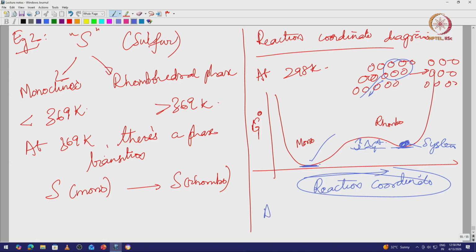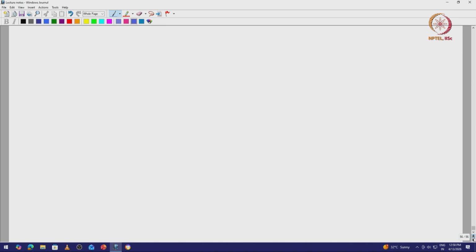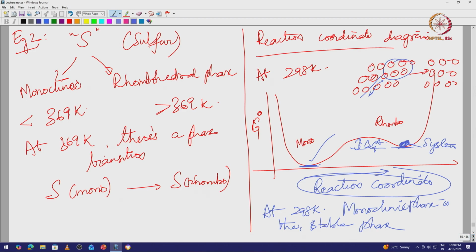This means at 298 Kelvin the monoclinic phase is the stable phase, and by stability what I mean is the global minimum.